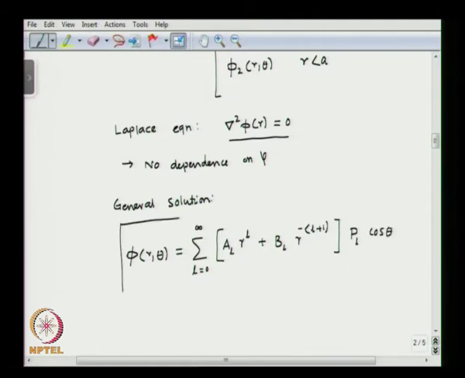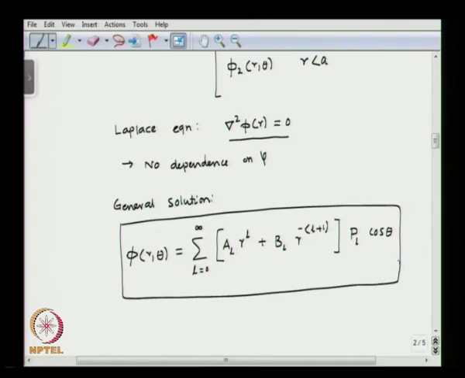So this is the general solution of the Laplace equation for this case.